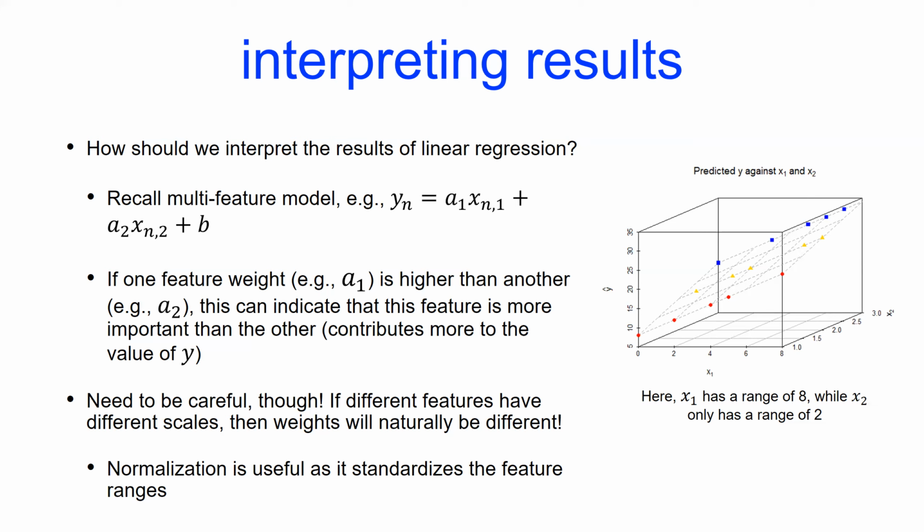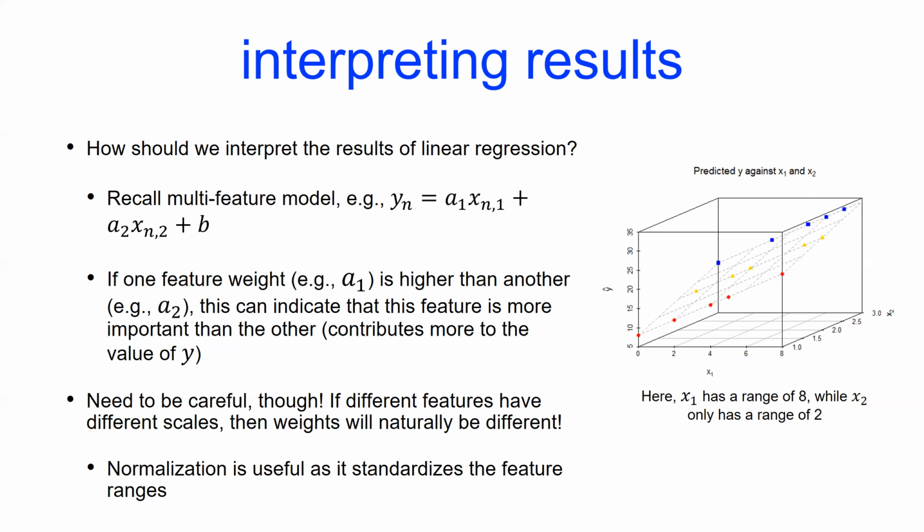So how do we tell which are the more dominant features? Linear regression actually provides a very simple and neat way to analyze which features contribute more towards your final result.